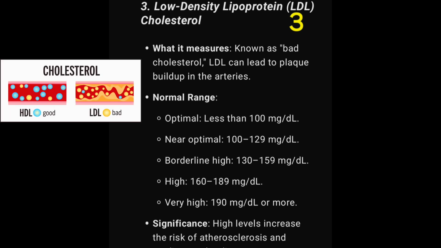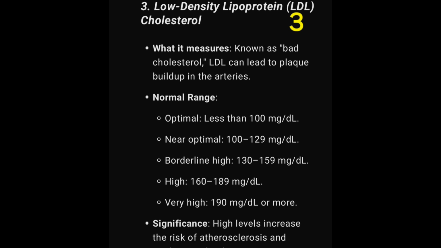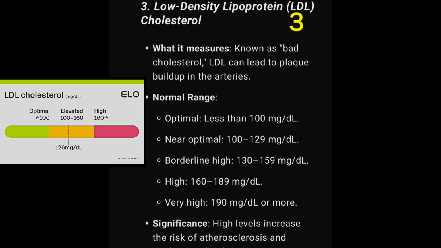Then third comes LDL, low density lipoprotein cholesterol. It is called bad cholesterol because it can lead to plaque buildup in the arteries. The normal range should be less than 100 mg per deciliter, and if it is more than 100 but less than 129, it is near optimal.